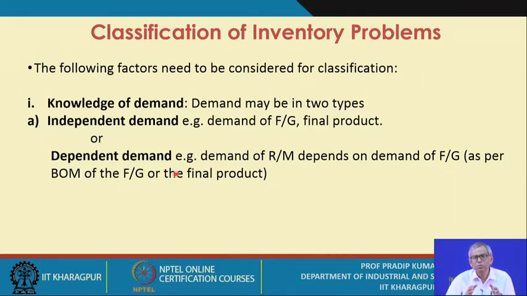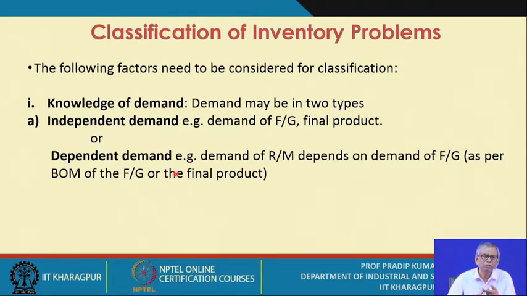So for the finished goods, or say the final product, obviously there is a bill of material. That means to produce 1 unit of output, how many different types of components, parts or sub assemblies you require. So that is very clearly mentioned in the bill of material document.